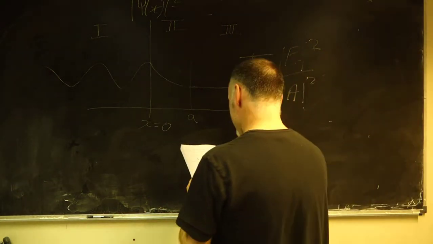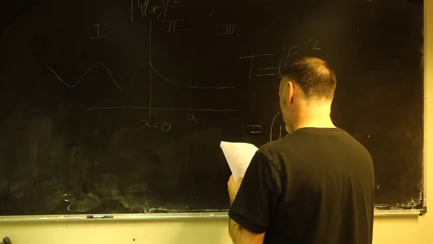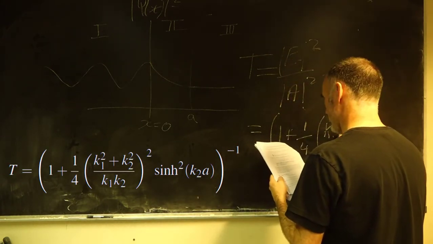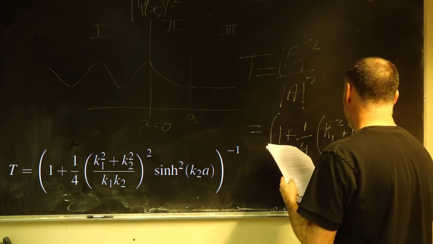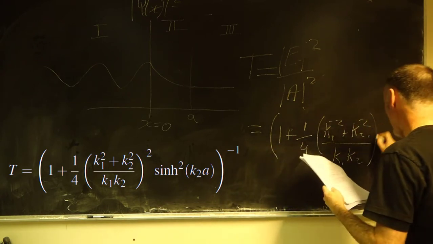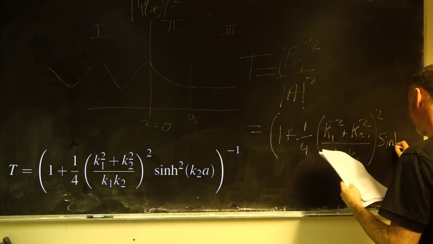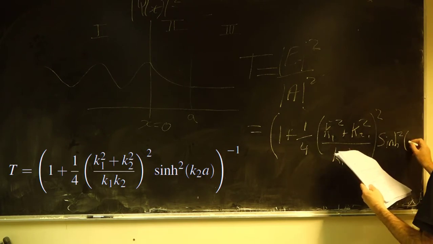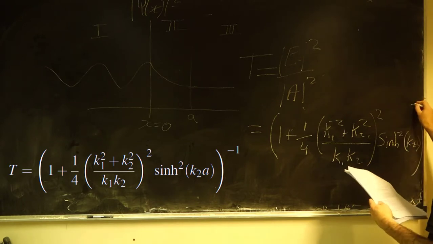is given by, okay, bit of a mouthful this, 1 plus a quarter of k1 squared plus k2 squared over k1 k2, squared, and then there's a hyperbolic function, sinh, not a sine, a sinh, k2a, and then all of that is to the minus 1.